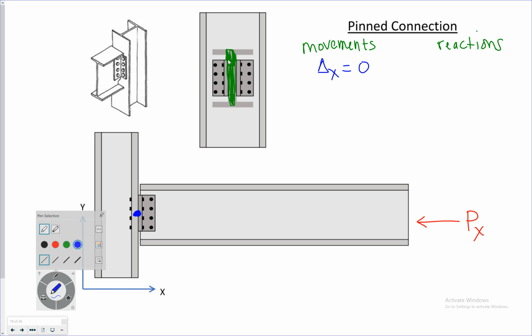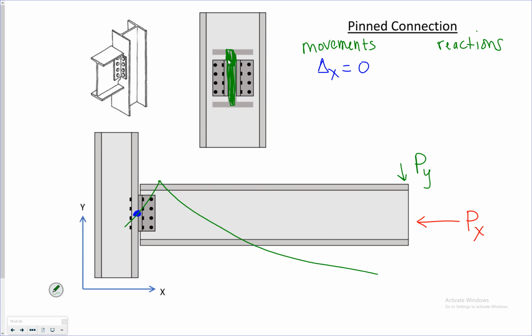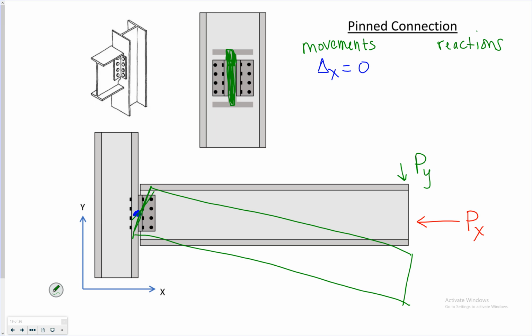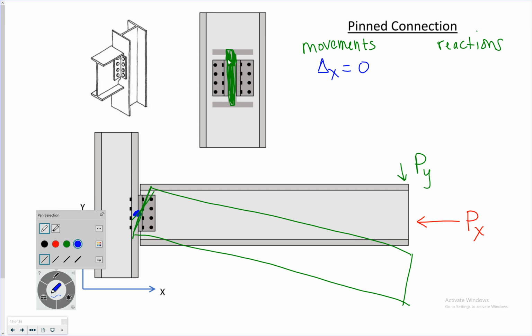If I apply a vertical load here, what will my displaced shape look like? Something like that. Now if I look at the support specifically, is there any deflection in the vertical direction?